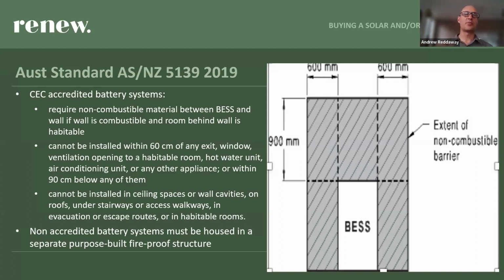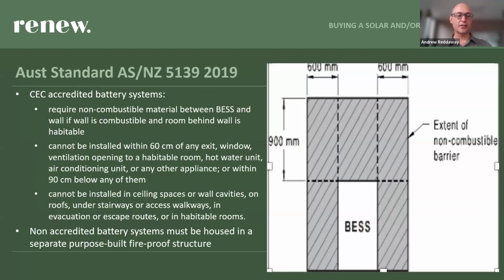So gas bottles, gas meters, air conditioning units, windows, hot water units. So in some homes, especially townhouses or units, it can be quite hard to identify a suitable location to put a battery. So it's another thing to be aware of.